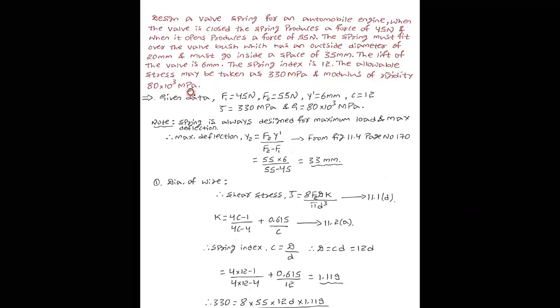If you see the dimensions, y dash is in mm, and the shear stress as well as modulus of rigidity have to be in Newton per mm square. Already it is megapascal, which is nothing but Newton per mm square.